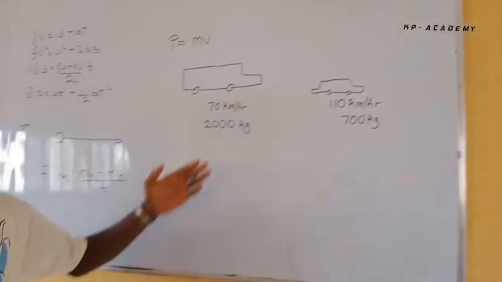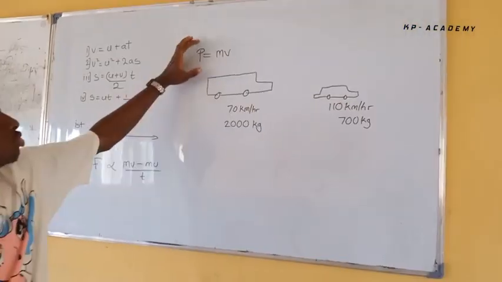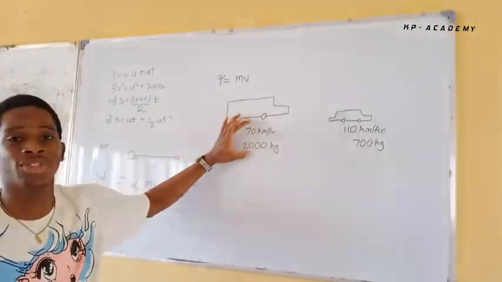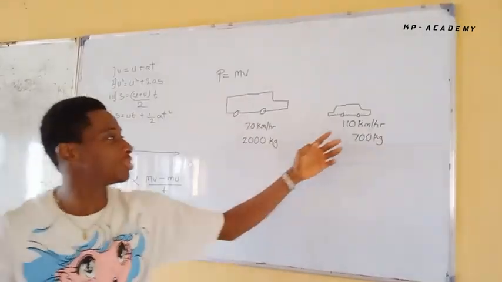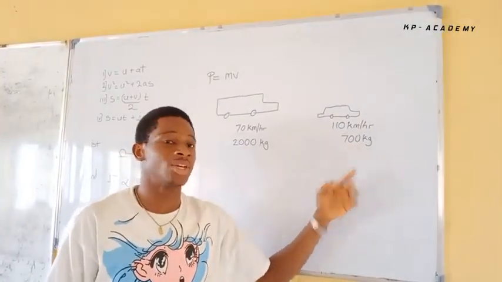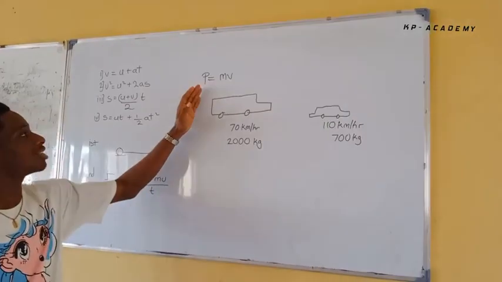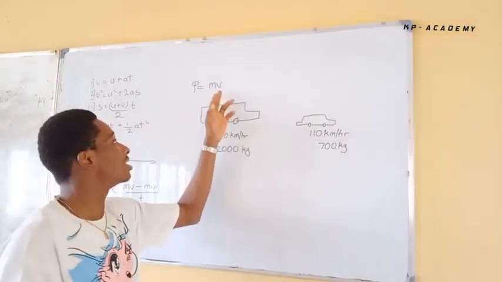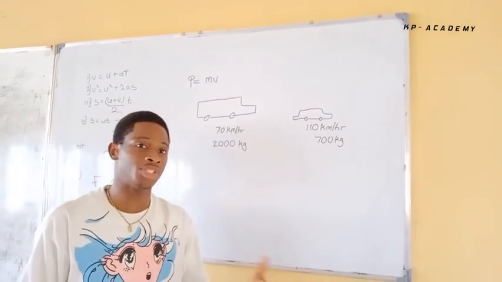If we carry out the multiplication to get our momentum, we will realize that this body possesses more momentum due to its larger mass. So momentum depends on the mass of the body and the velocity at which it is moving.